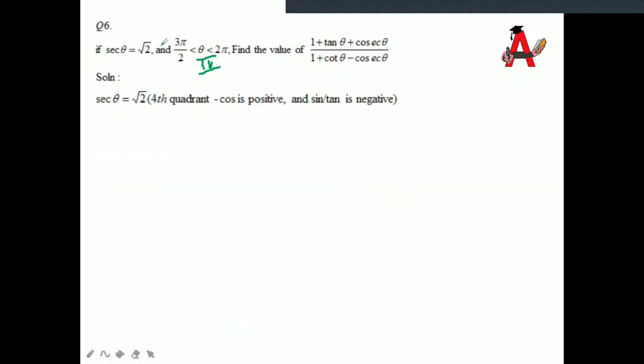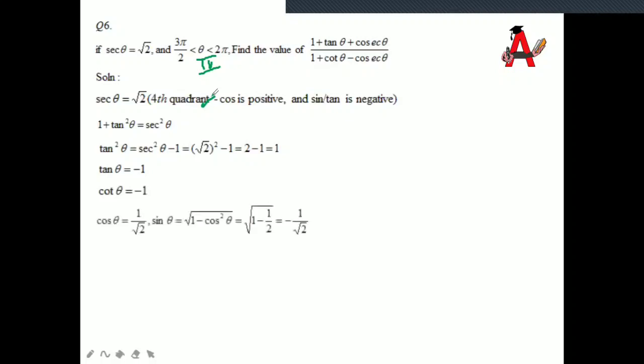In the fourth quadrant cos is positive, so sec is also positive. 1 plus tan square theta is sec square theta. So tan square theta will be equal to sec square theta minus 1. We will input the value of sec theta: root 2 square minus 1, which is 2 minus 1, which is 1. So you have got tan theta is equal to plus or minus 1. Now tan theta will be negative because in the fourth quadrant tan is negative. So tan theta is equal to minus 1. Further, cot theta will also be minus 1.